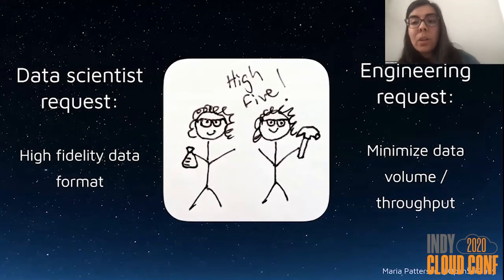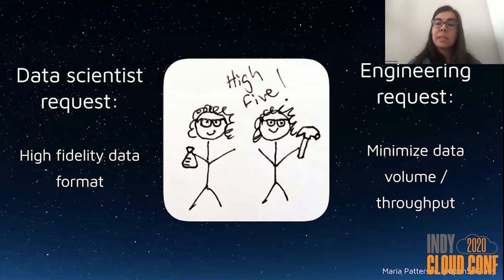Okay. So I'm going to go through a couple of what I think are the data scientist requests and the engineering requests and the tools that you could use that are the compromise here, depending on different needs in this use case. So if I'm a data scientist and I'm working on the ZTF or LSST, I want my data to be really science quality.